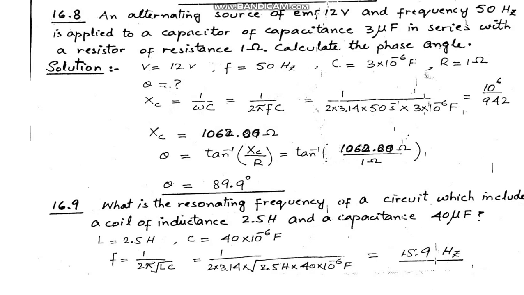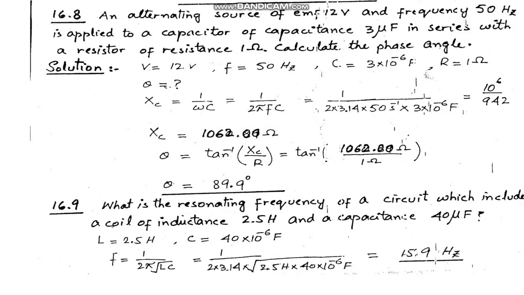Number 8. An alternating source of EMF 12 volt and frequency 50 Hz is applied to a capacitor of capacitance 3 microfarad in series with a resistor of resistance 1 ohm. Calculate the phase angle. For the phase angle, we first require capacitive reactance.